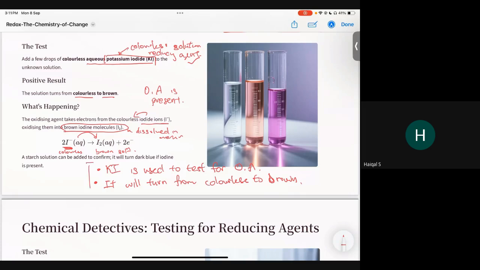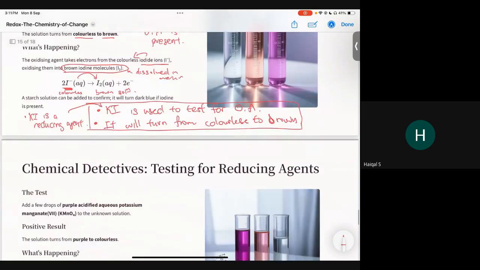This whole slide here is the key point. And of course, take note, KI itself is a reducing agent. So 3 points here. KI is the reducing agent. It is used to test oxidizing agent. It will turn from colorless to brown for a positive test.